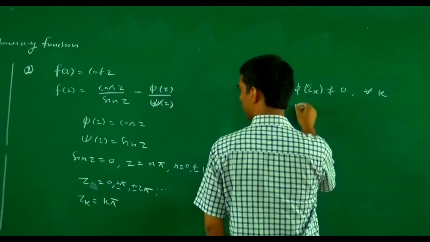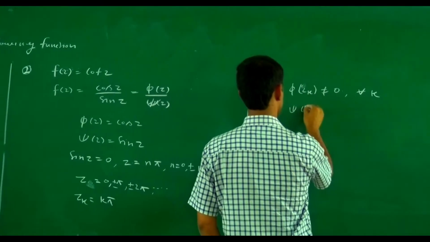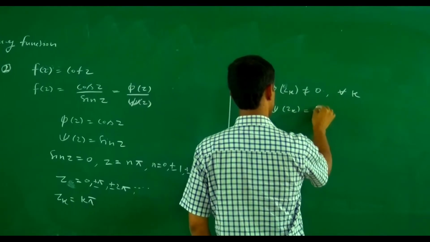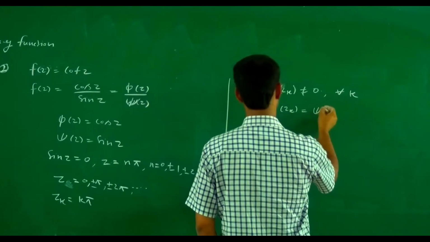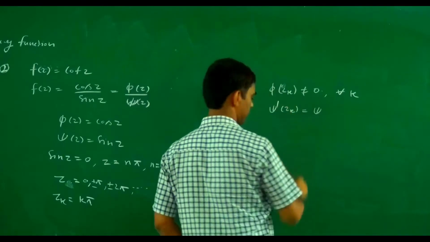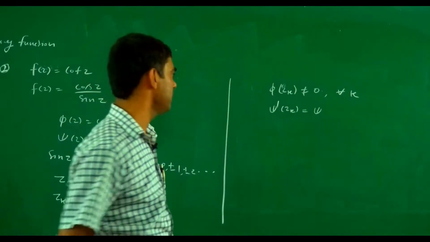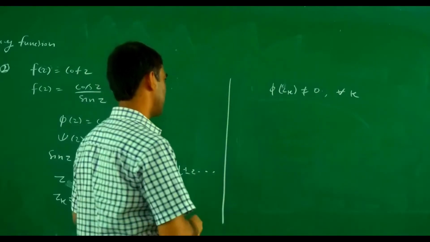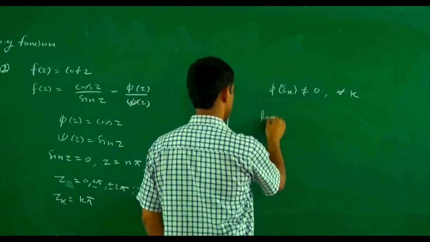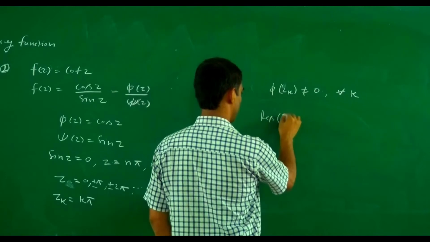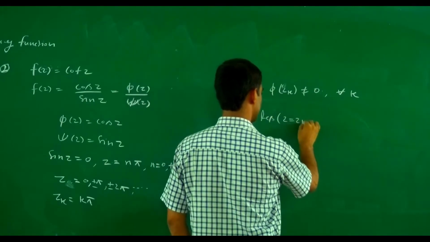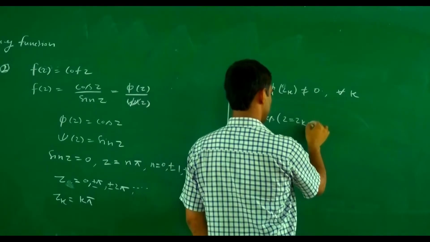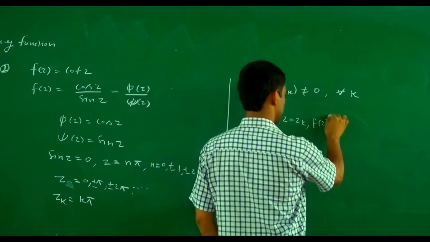And what is the value of psi dash z_k? So what is the residue? We know that the residue at z equal z_k of f(z) equals what?